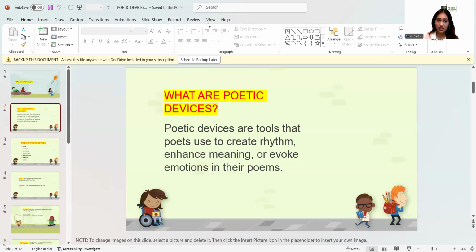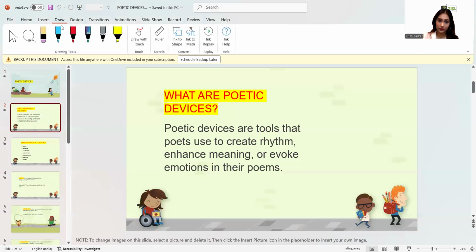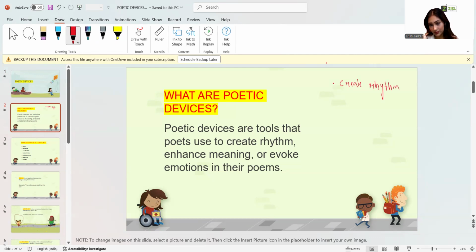So these are our keywords: create rhythm, enhance meaning, evoke emotions. These devices help us to understand the background of the poem, the theme of the poem, what the poet is trying to say through his art, right?